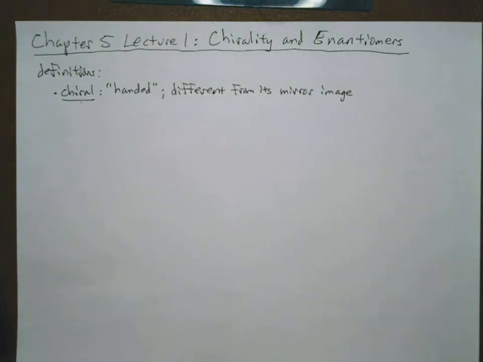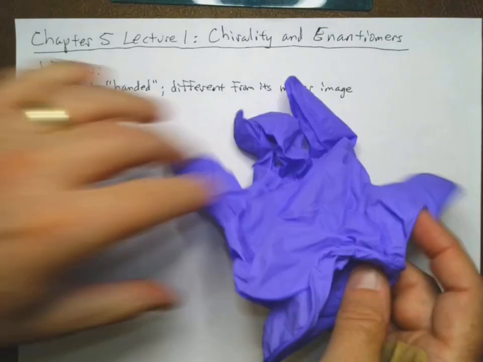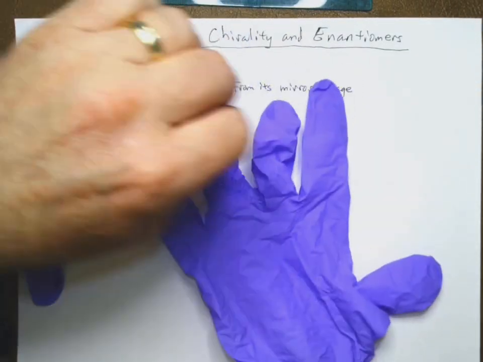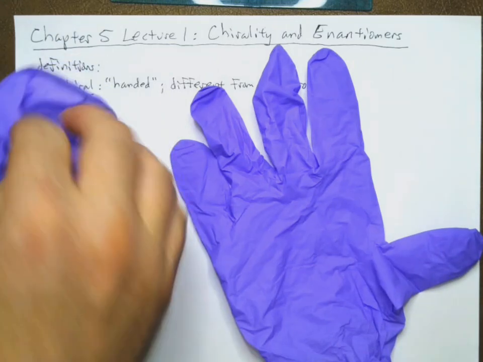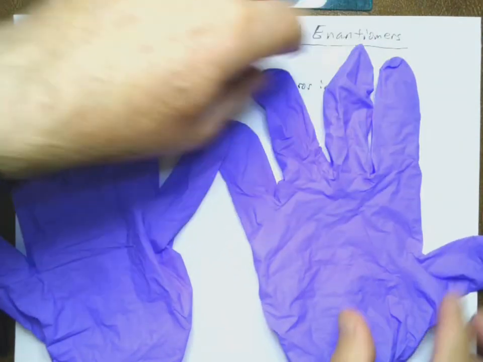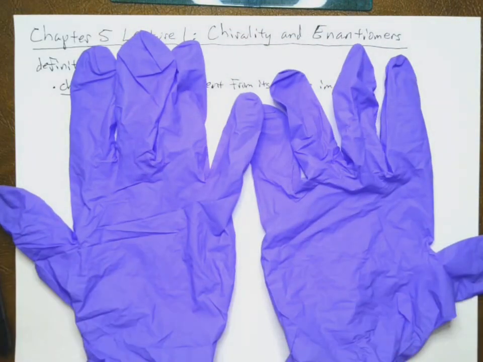A good way to actually demonstrate that is with gloves. So your typical nitrile glove, like we have in lab, is not chiral. So here is a nitrile glove, and here is its mirror image. I know they're a little bit wrinkly, but that's okay. So one is a mirror image of the other.